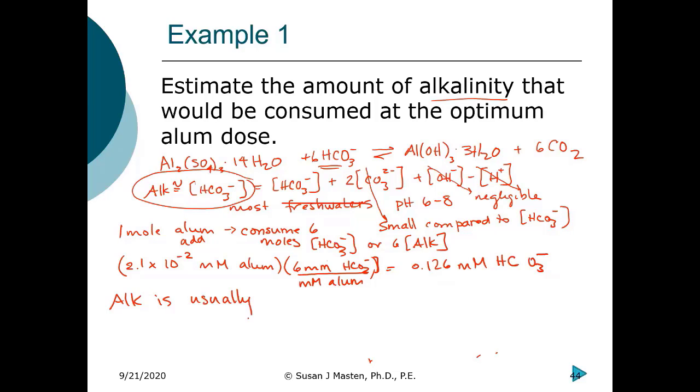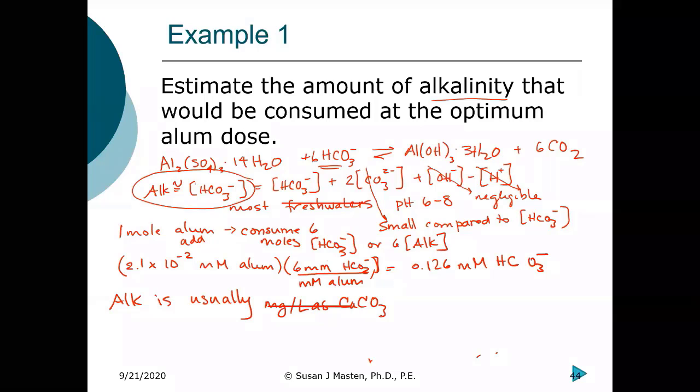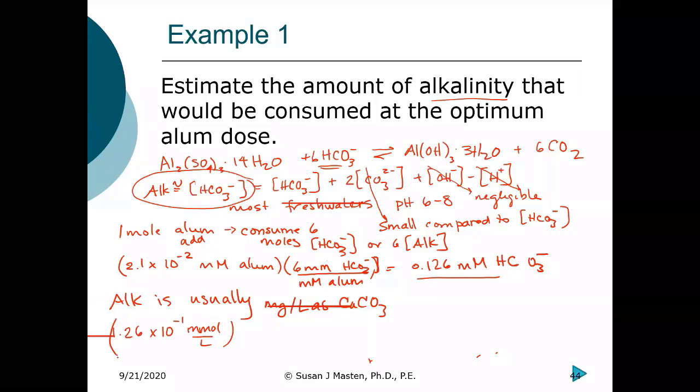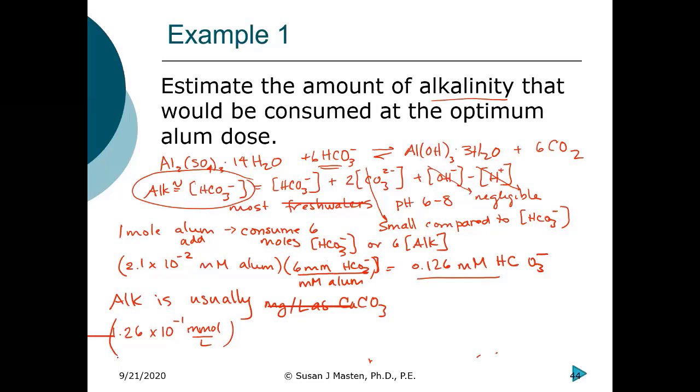Now alkalinity is usually reported not in millimoles, but in equivalents or in milligrams per liter as calcium carbonate. So we need to convert this to milligrams per liter as calcium carbonate in order to obtain the traditional units that are used in environmental engineering. So we have 1.26 times 10 to the minus 1, or 0.126, millimoles per liter of bicarbonate. For bicarbonate, we can typically use the charge.